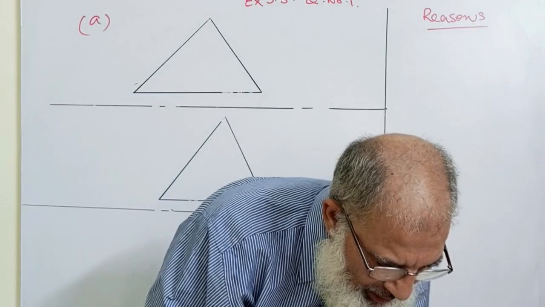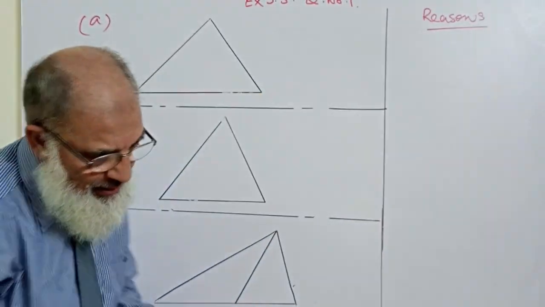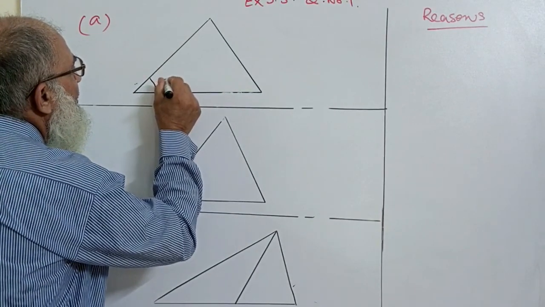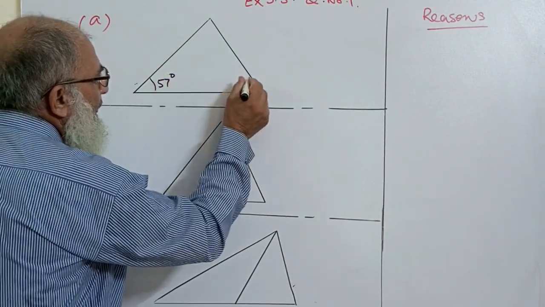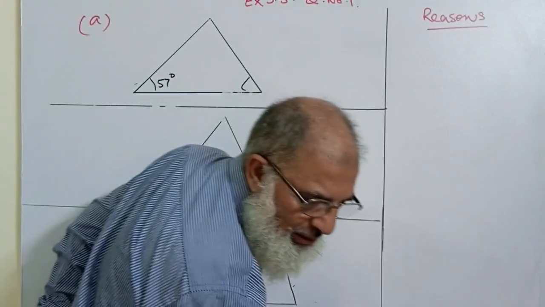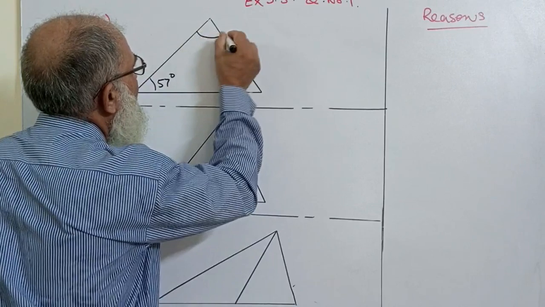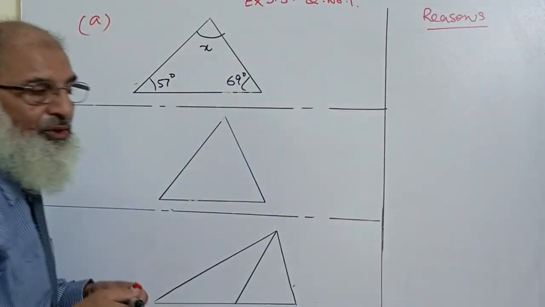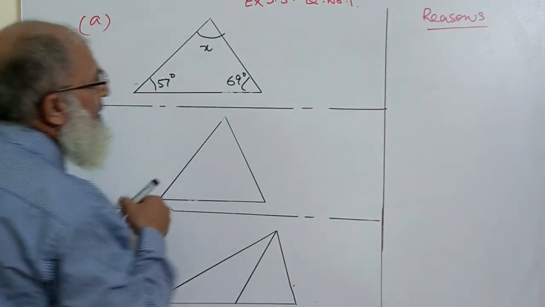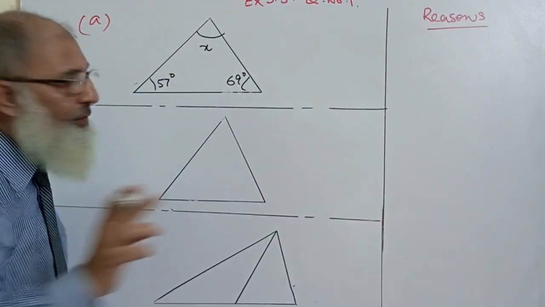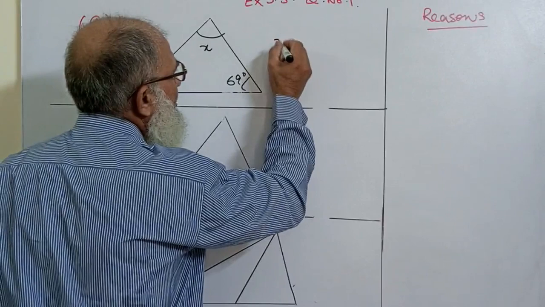So the first question is 57, 69 and x. This is 57 degree, this is 69 degree, and this is x. It is a very simple question, as you know that the sum of the angles of a triangle is equal to 180 degree.